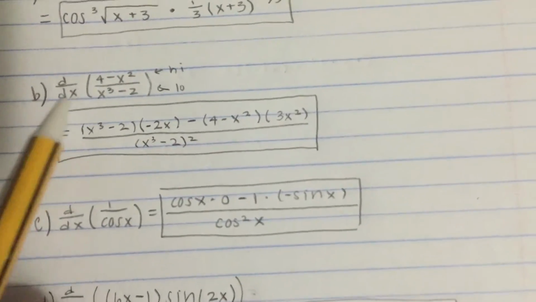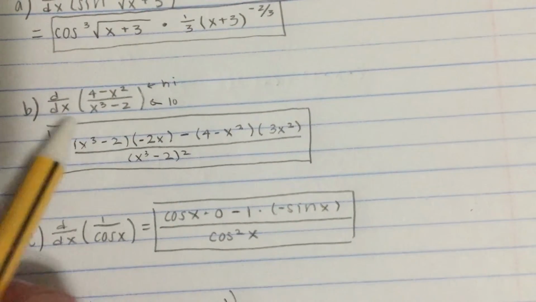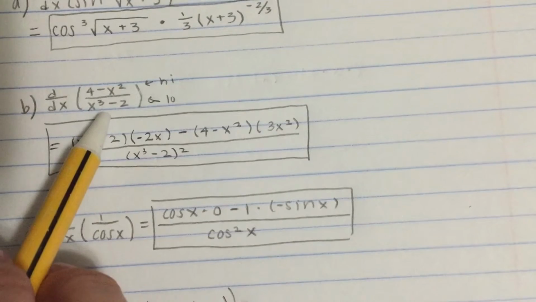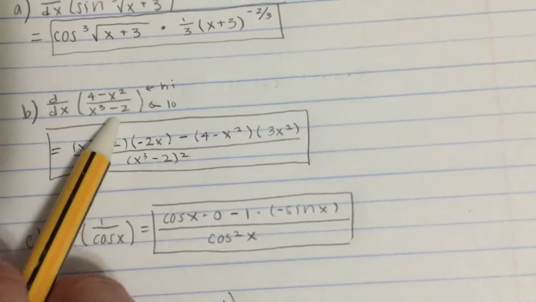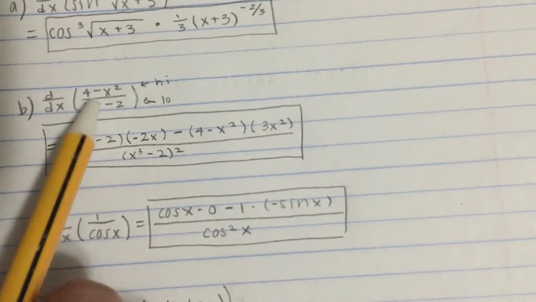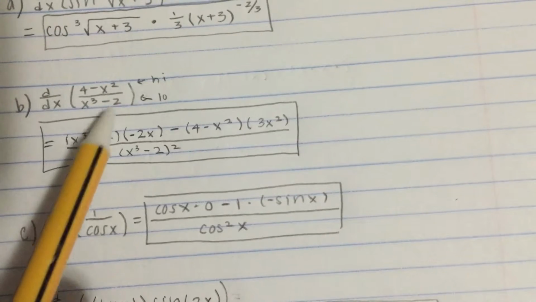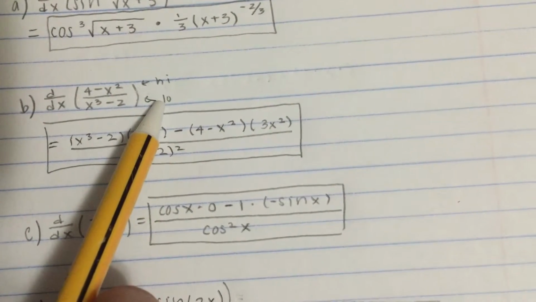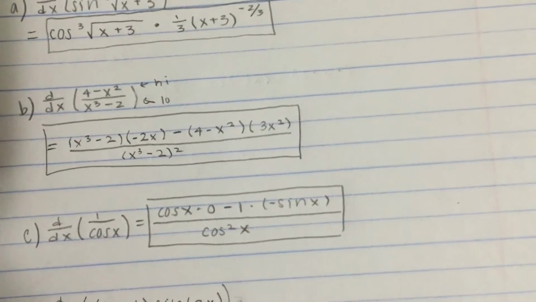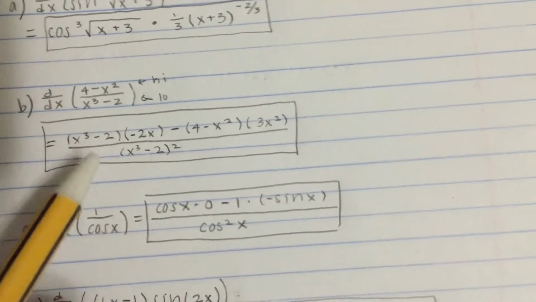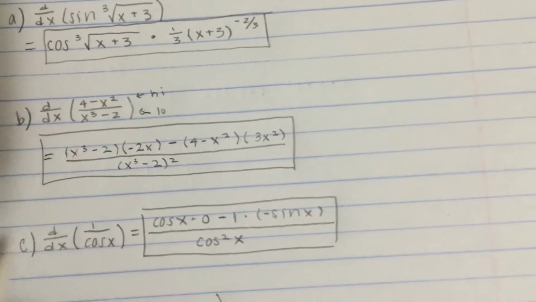And for B, it's asking us d/dx of (4 minus x squared) over (x cubed minus 2). So I use the quotient rule for this, and the quotient rule is the low times the derivative of the high minus the high times the derivative of the low all over the low squared.